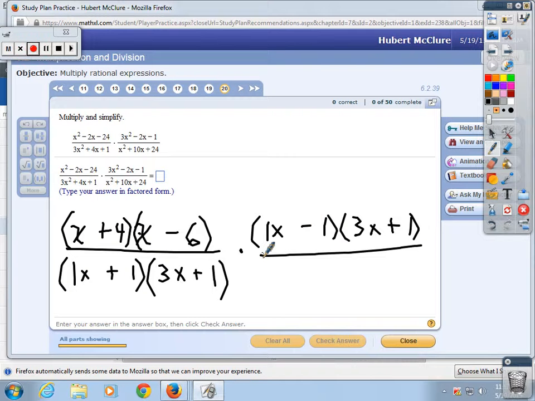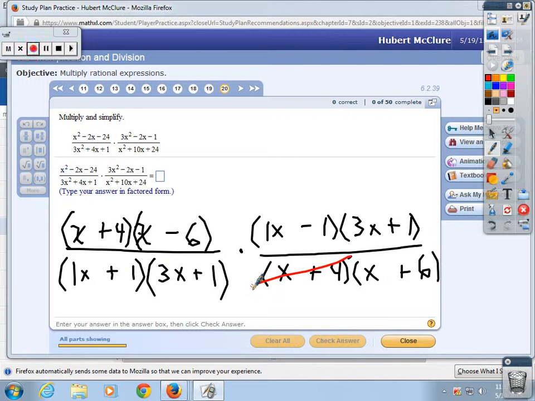And then this looks like X and X, and we need a 6 and a 4. Now what? Cancel all you want. X plus 4 cancels, let's use the red canceling pencil.